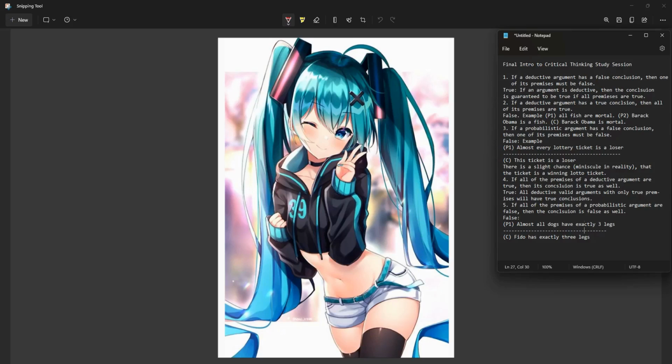Is false as well. Technically speaking, Fido does have exactly 3 legs. Maybe it was amputated, or he lost it in a car accident. Then even though you have a false premise, you can technically have a true conclusion. And you need to stop pressing Alt.